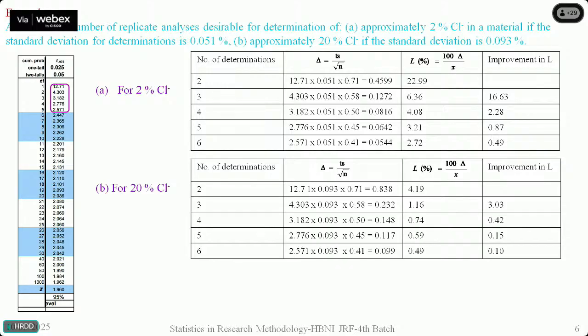So instead of wasting time on a number of measurements at 20% chlorine, where you may have to do more and more reagent input also, the same effort you can apply to the 2% chlorine data. That way you can manage your experimental time accordingly, deciding where to focus so that the same quality can be achieved.